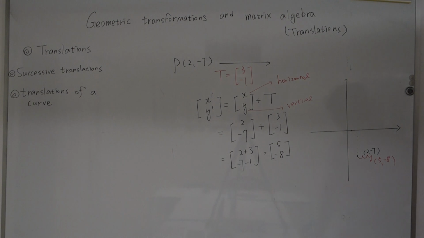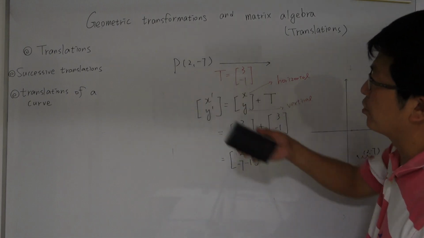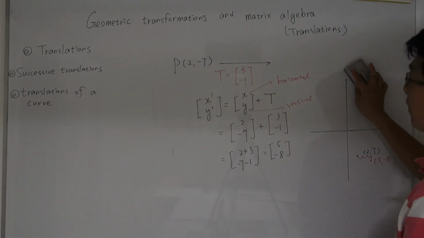Now, what does successive translation mean? Just do translation one more time. So if the original point is (2, -7), alright?